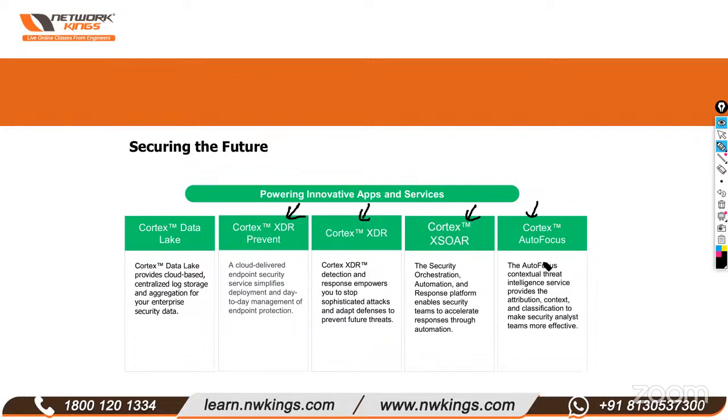Okay, so there are some parts that you can use when you are getting the services. In most places, with the help of the data lake, you can create incidents, because it's a storage of your logs, right?